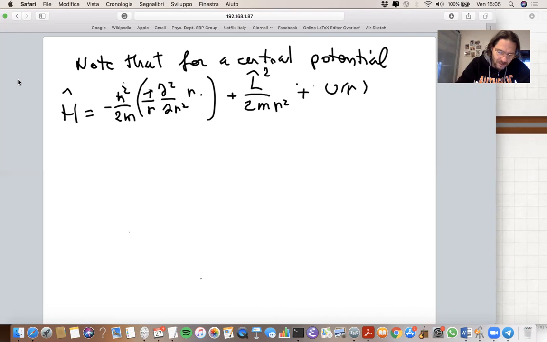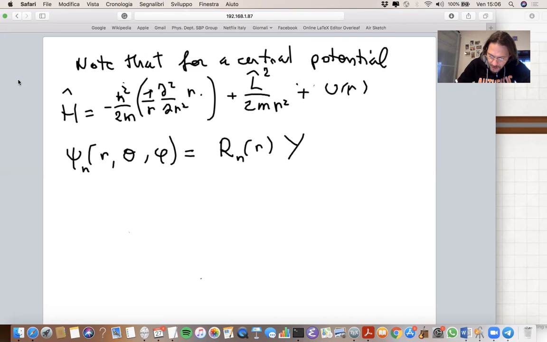So this means that the wave function psi, which is a function in general of r, theta, and phi, can be written as a function of r times a spherical harmonic.